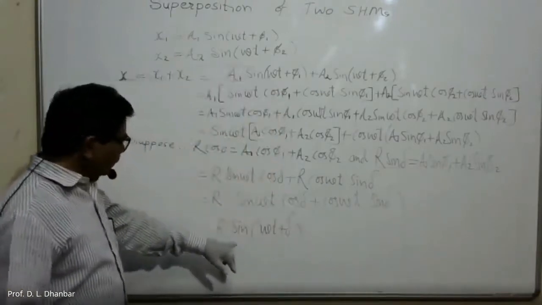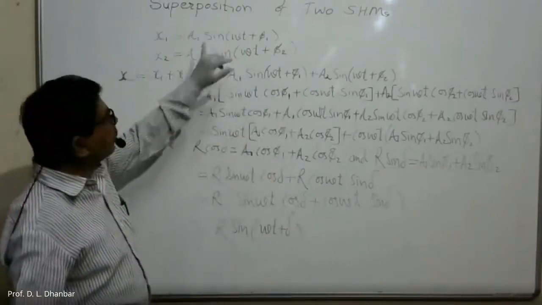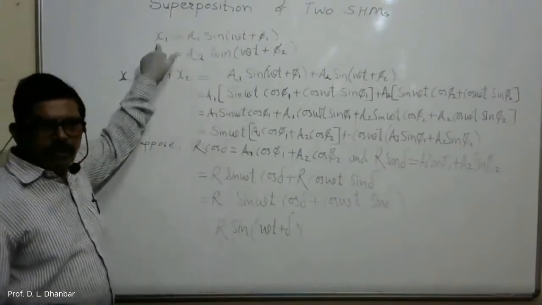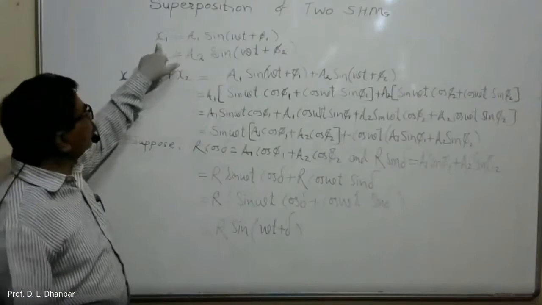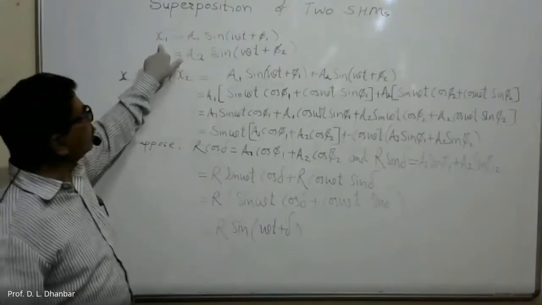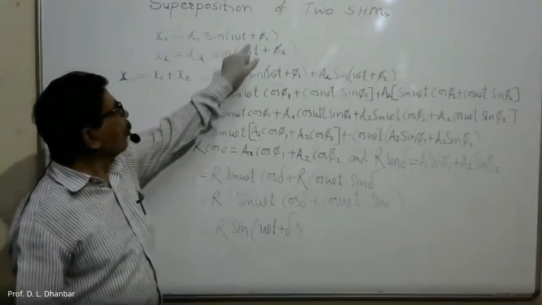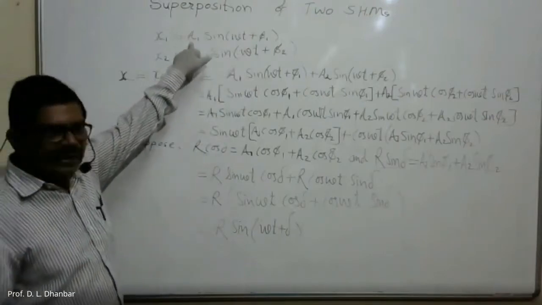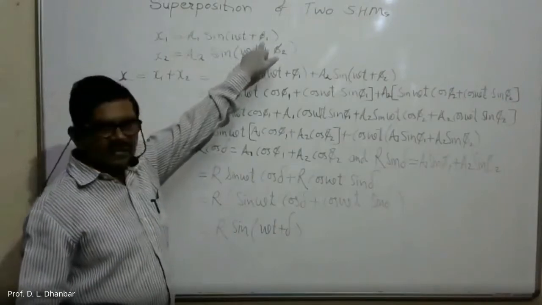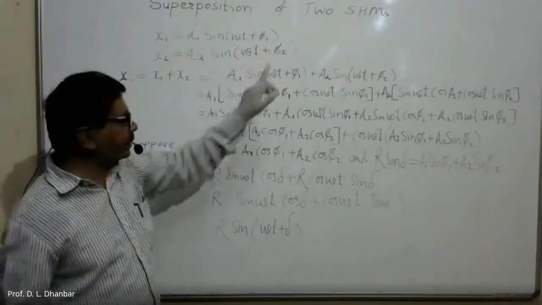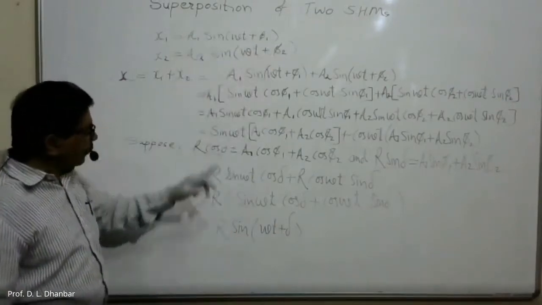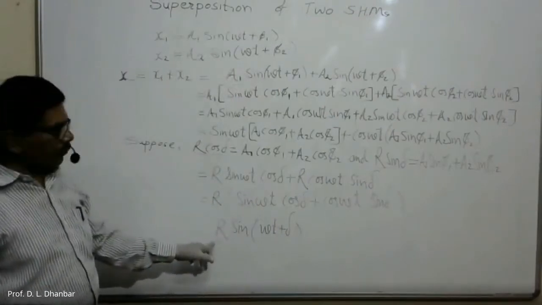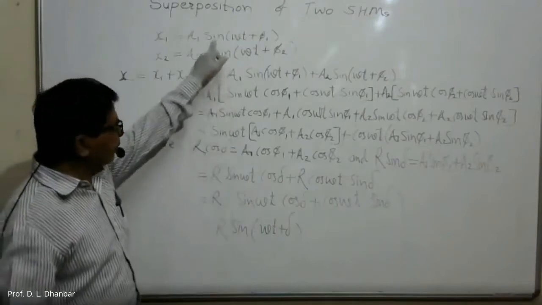Now if you observe this equation and this equation, the basic equation, the displacement of the first simple harmonic motion is given by a1 sin of omega t plus phi 1, where a1 is the amplitude of first SHM, phi 1 is the initial phase of the first SHM. So if you compare, this is amplitude, so this is also amplitude. Sine, here also it is sine.